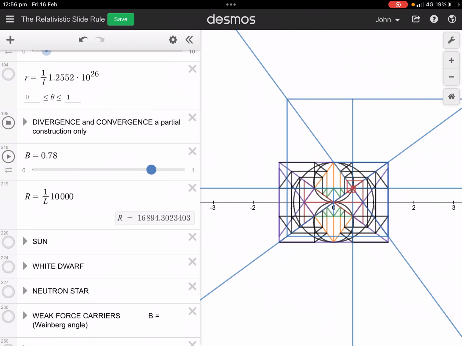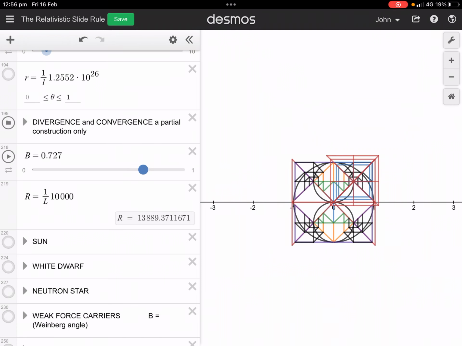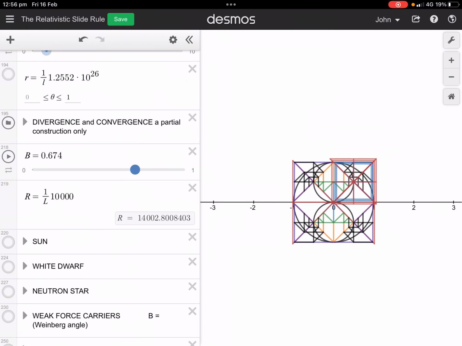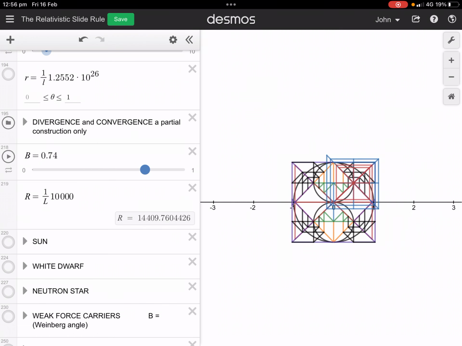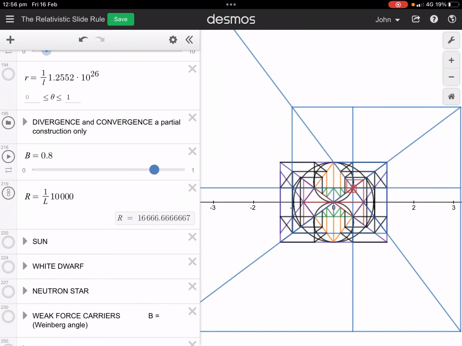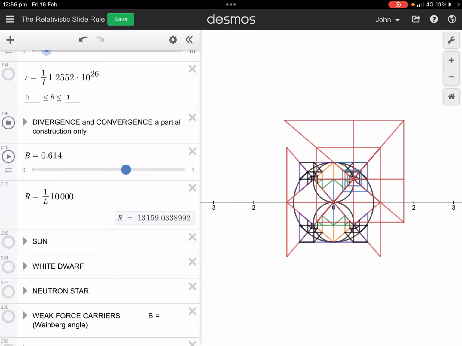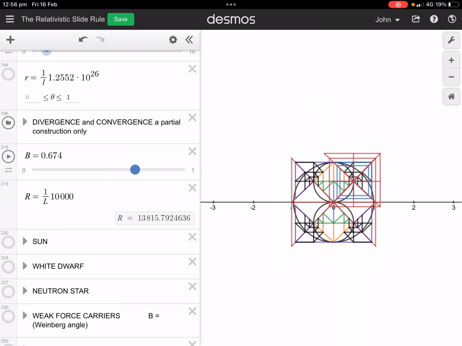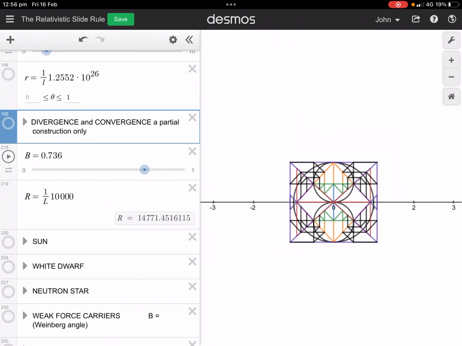So you can see there's a point here where nothing's converging or diverging, but on either side you can see that here T is diverging, and here 1 over T is diverging, and the other one will be converging when the other one's diverging. See that? Okay, just leave that alone now, get rid of it.